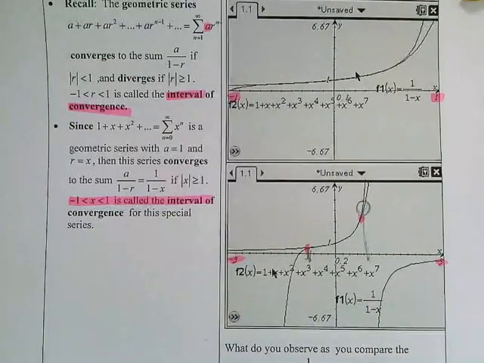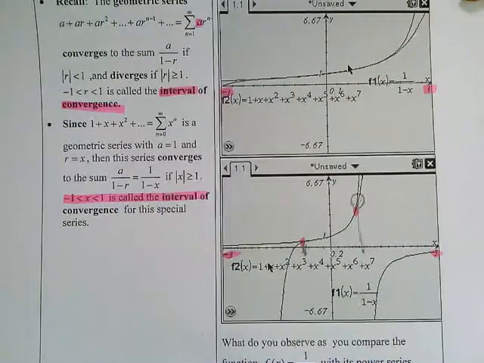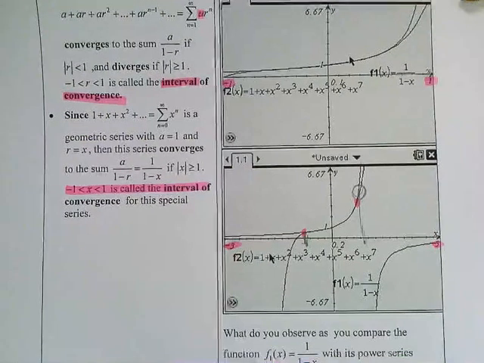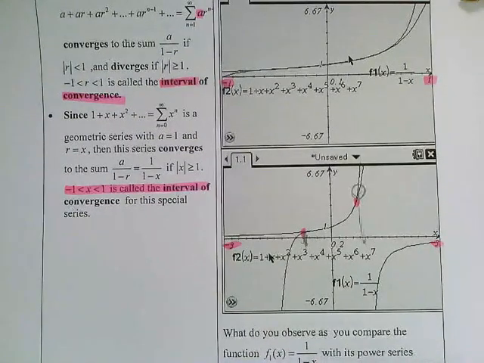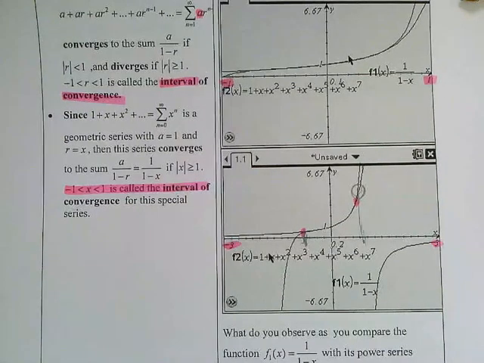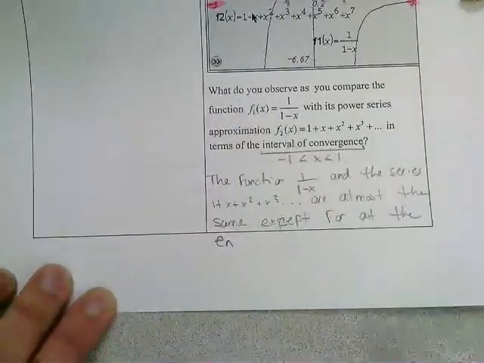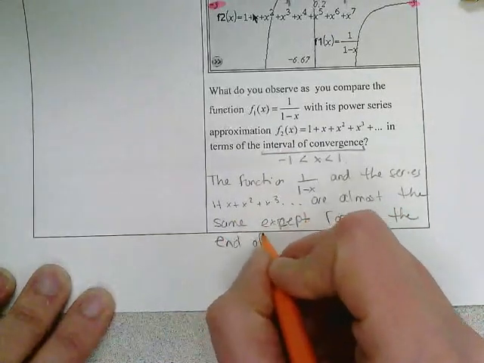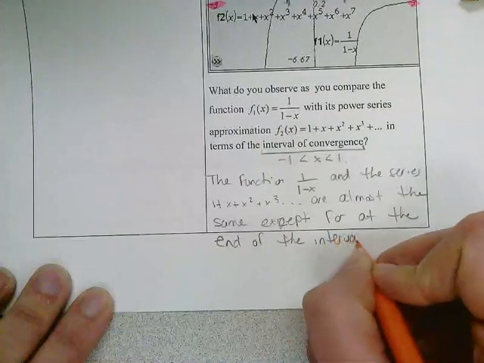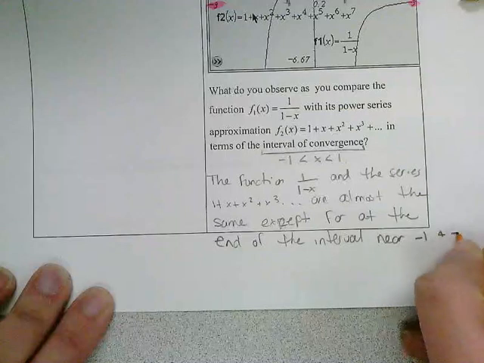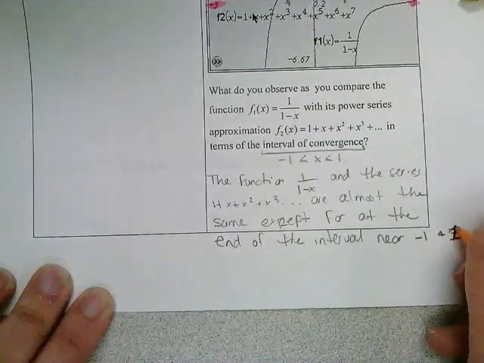Our interval of convergence for this was -1 to 1, and the function 1 over 1 minus x and the series 1 plus x plus x squared plus x cubed, and so on, are almost the same, except at the end of the interval, near -1 and 1.